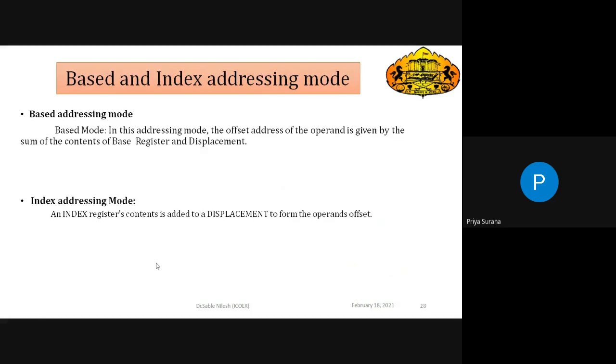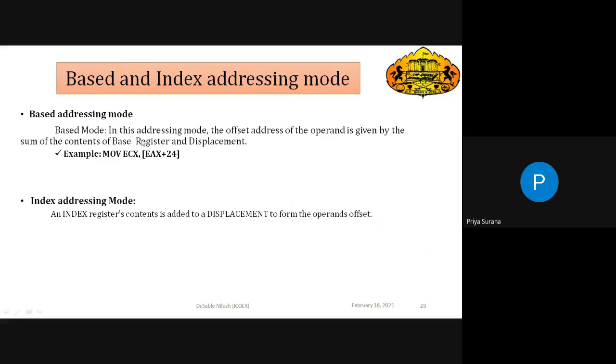Next is base and index addressing mode. First we will go through the definition. Base addressing mode: in this addressing mode the offset address of the operand is given by the sum of the contents of the base register and displacement. We will go through an example which will be easy to understand. mov ecx, [eax + 24].